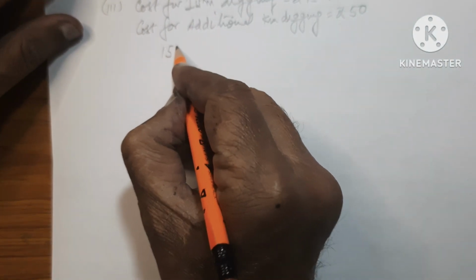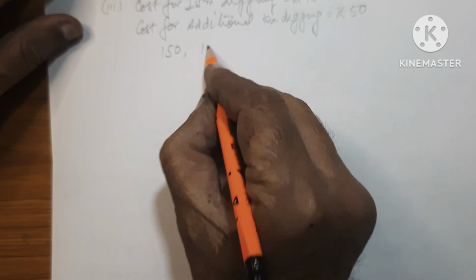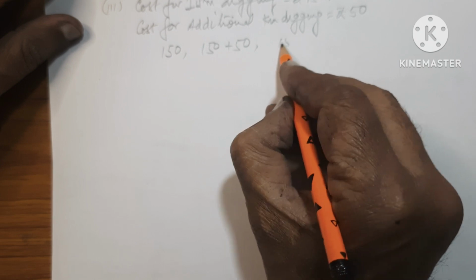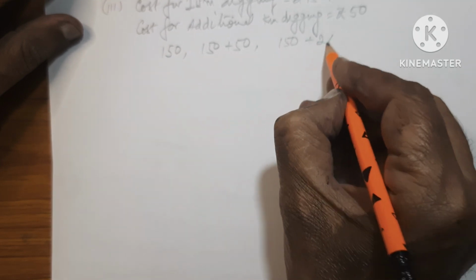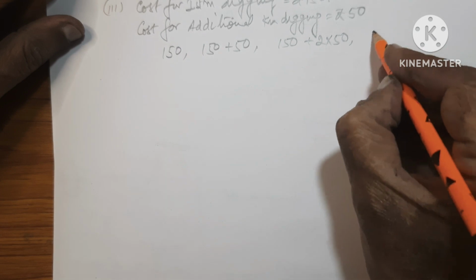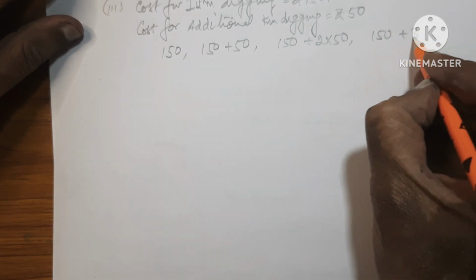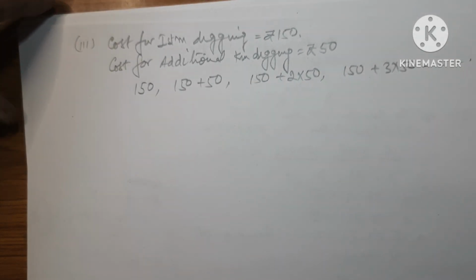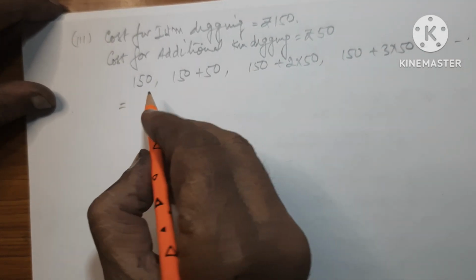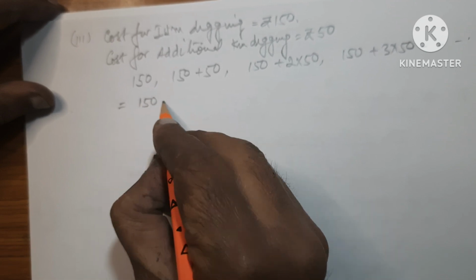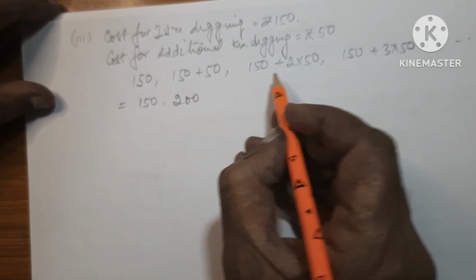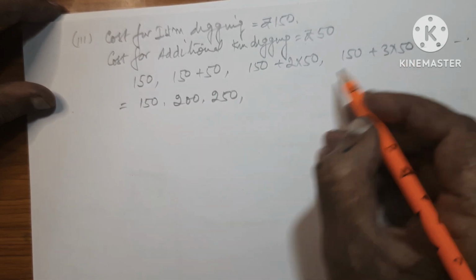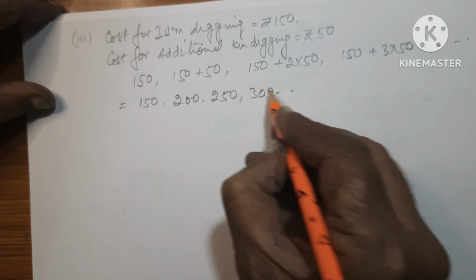First term will be 150. Second term will be 150 plus 50. Third will be 150 plus 2 into 50. And the fourth term will be 150 plus 3 into 50, and so on. This is equal to 150, 200, 250, and 300, and so on.